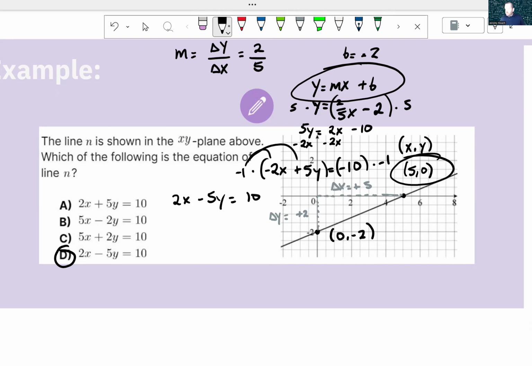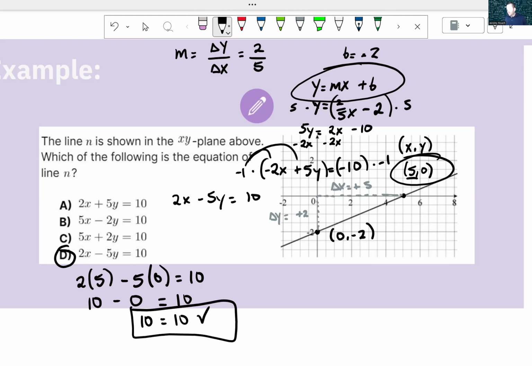We should be able to plug this in to get a true statement. So let's do that for D just to check. 2 times 5, 5 is our x right here, minus 5 times y, which is 0, equals 10. 10 minus 0 equals 10, and we get 10 equals 10. That's how you could check your answer if you wanted to.